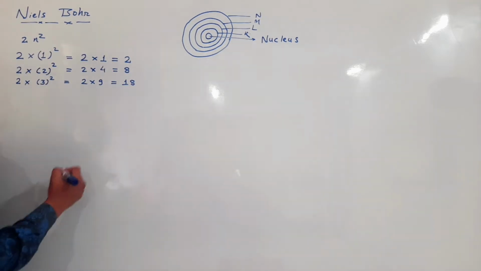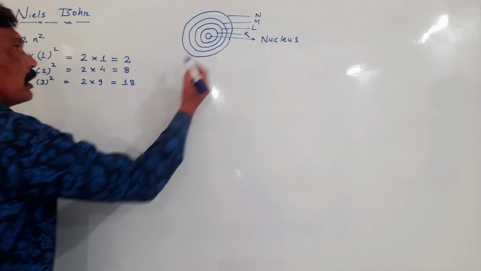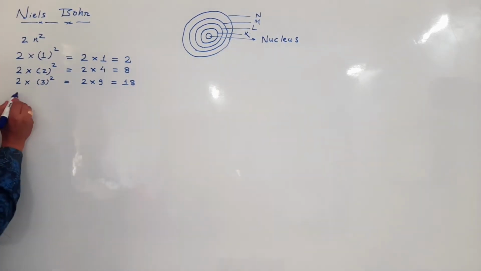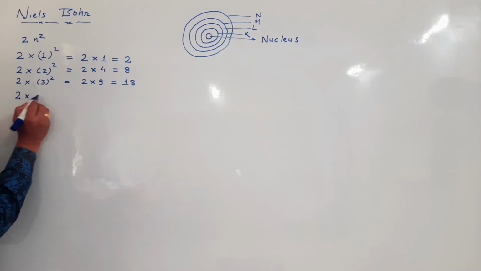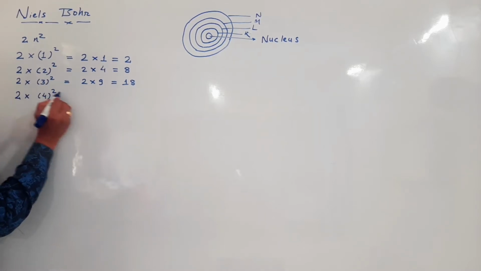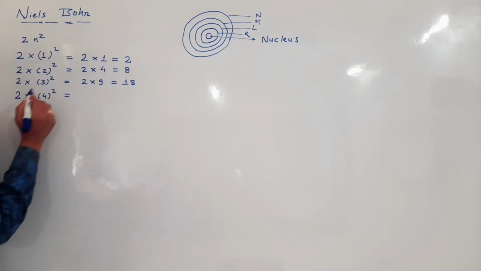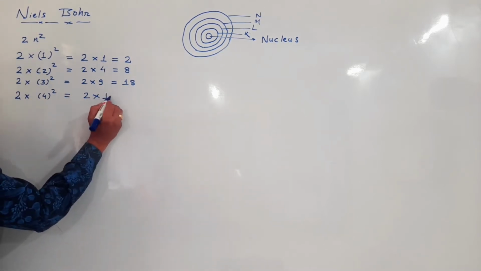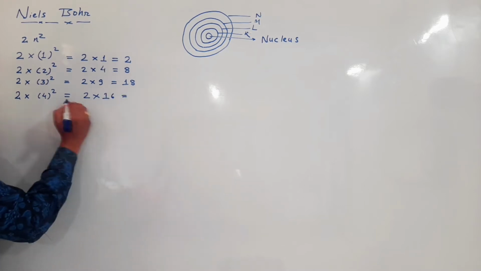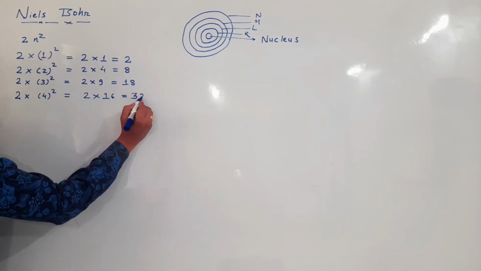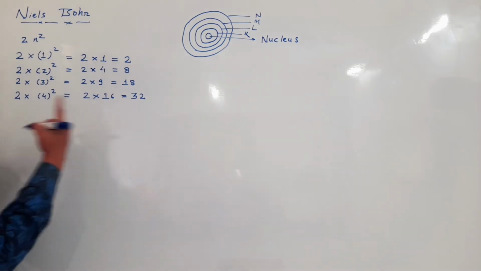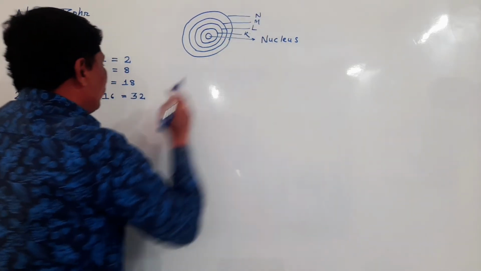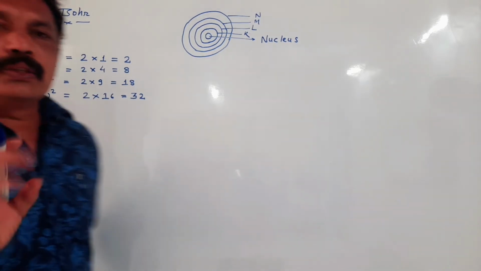So the number of electrons present in the third shell, or shell M, will be 18. 2 into 4 square: 2 into 16 is 32. So the number of electrons present in the fourth shell, that is shell N, will be 32.